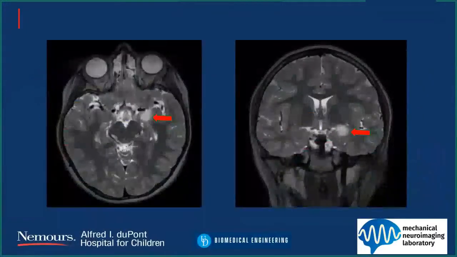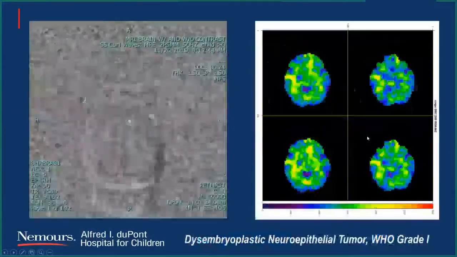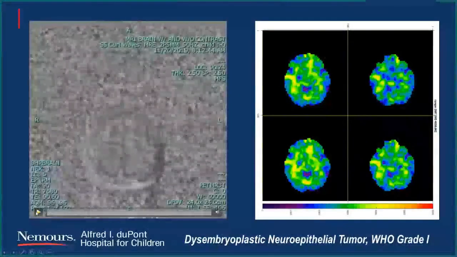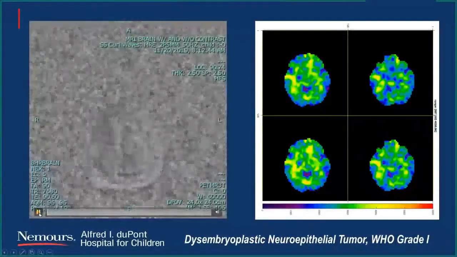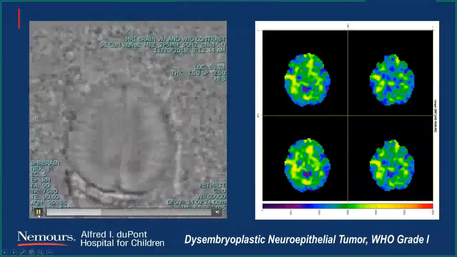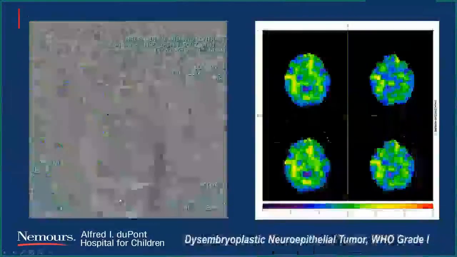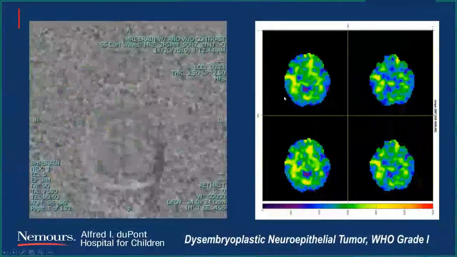So this is one of the examples. This is a 16-year-old girl who had new onset seizures. We found a tumor in the anterior and medial temporal lobe. It's very hyperintense on T2 weighted imaging. These are just the raw data, the curl wave images, which are sent to PACS. But importantly, from this data, we calculate these elastograms.